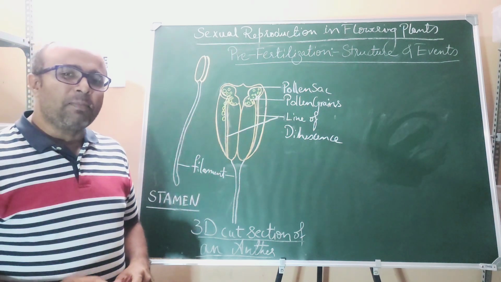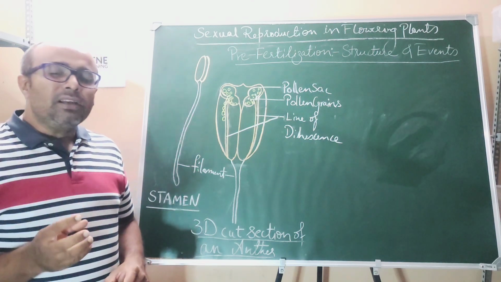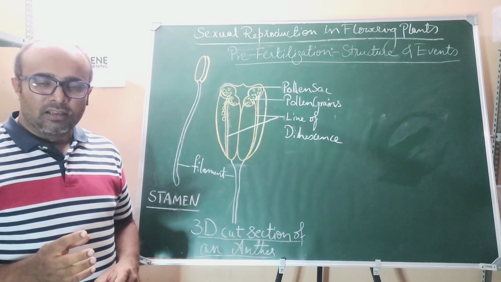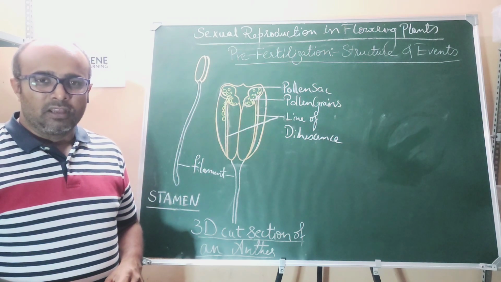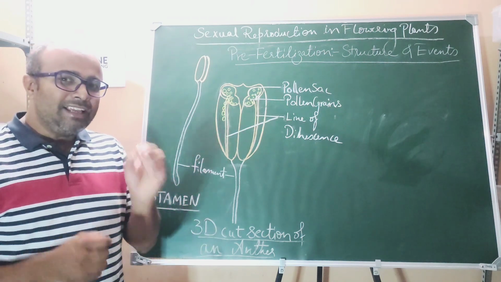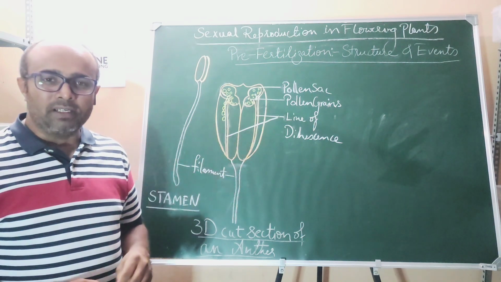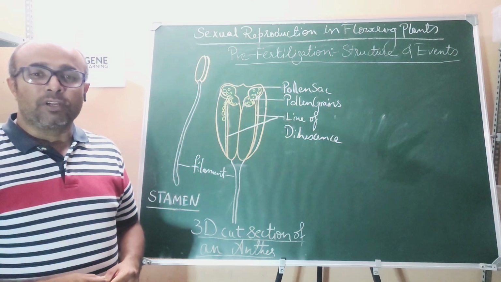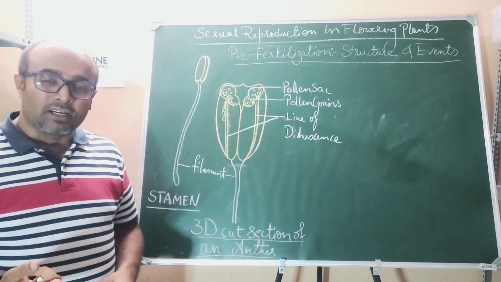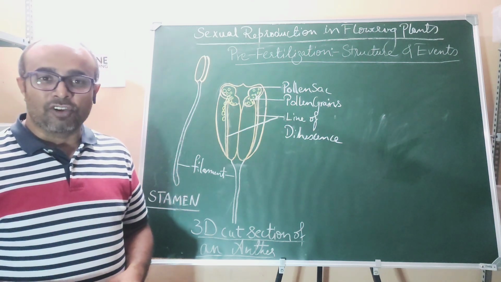Typically, in the apical region of a plant you see the formation of inflorescence. This inflorescence initially consists of floral buds, and inside that floral bud we find the formation of male and female reproductive structures.